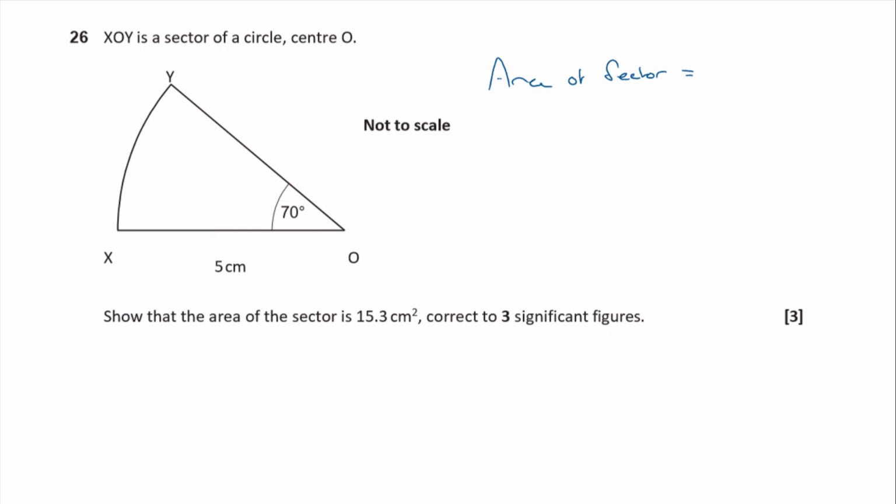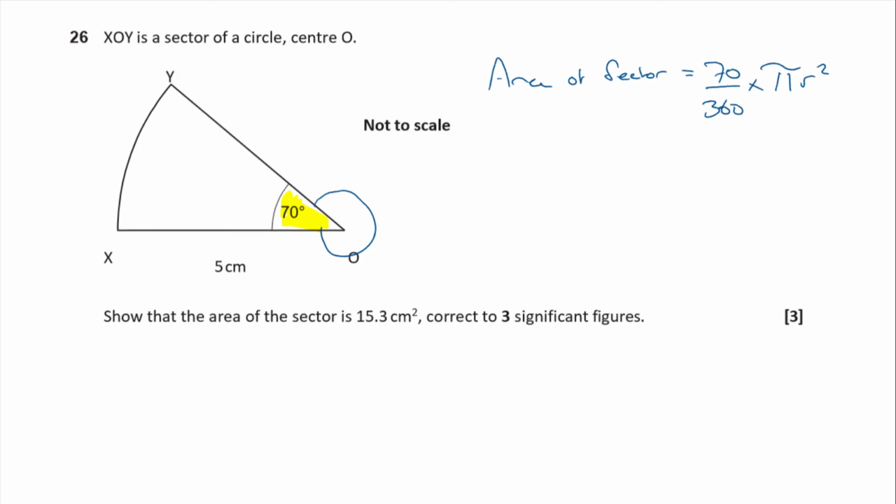What fraction of a circle is it? Well, if a circle has area pi r squared, it's going to be a fraction of pi r squared. Now, what fraction of a circle do we have? Well, we know we've got an angle of 70 degrees at the center there, and we know that generally circles have 360 degrees in them, don't they? So this is going to be 70/360ths of a circle.